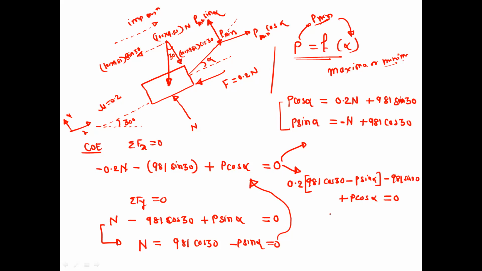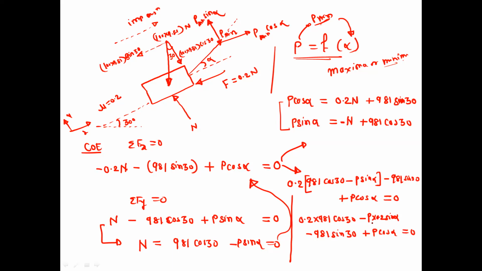So we will get the relation as 0.2 into 981 cos 30 minus P into 0.2 sin alpha, then minus 981 sin 30 plus P cos alpha is equal to 0.